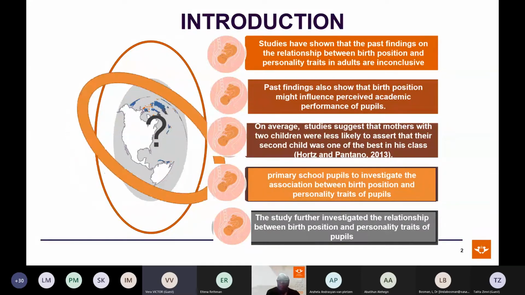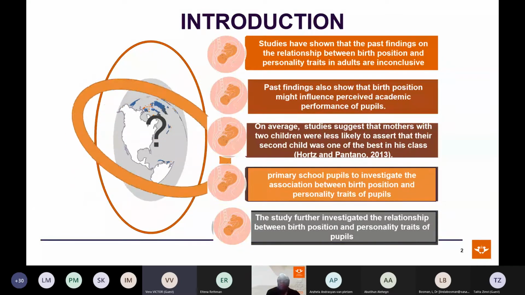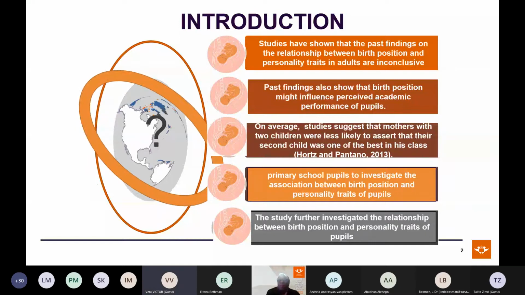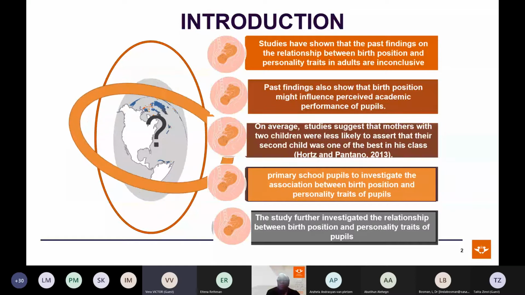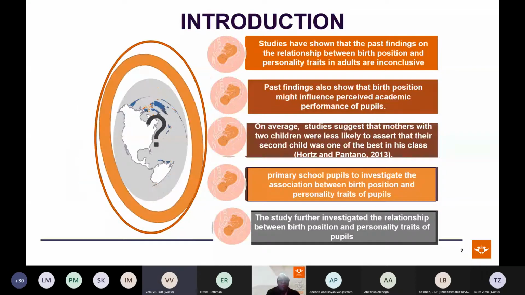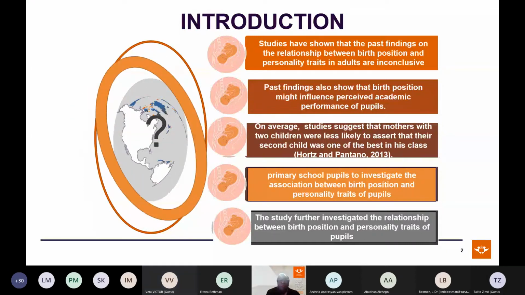In this study, we are looking at the big five personality traits. There are five broad parameters which describe an individual's personality, called the Big Five model. These models have five personalities, which include, one, openness.